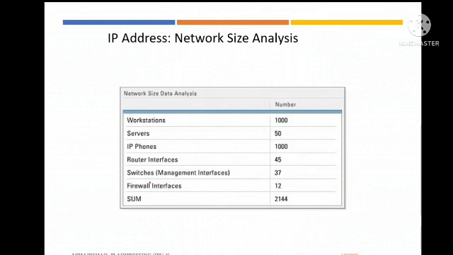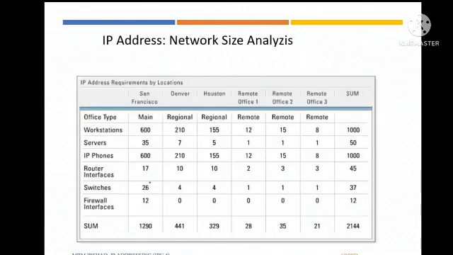One example, right? This is not an actual size, an example size. Then if you look at the detailed list of network size analysis, all that we saw there, it's a very big table that you can see.